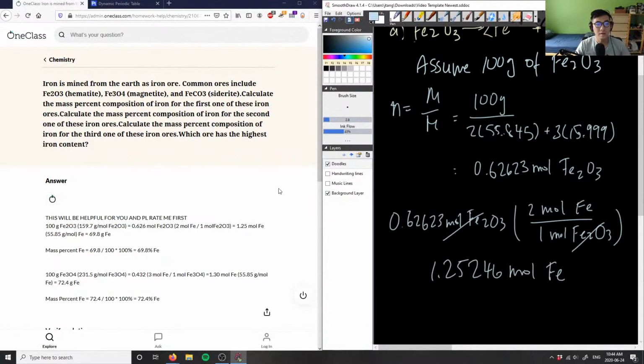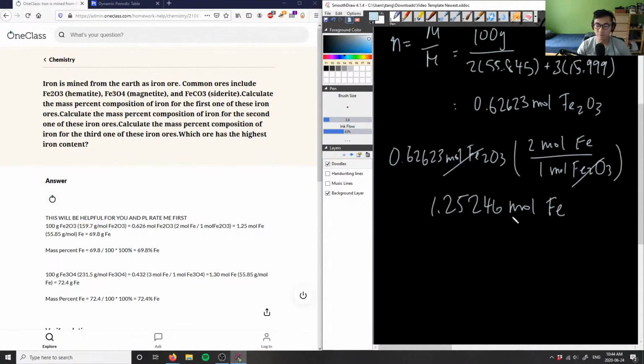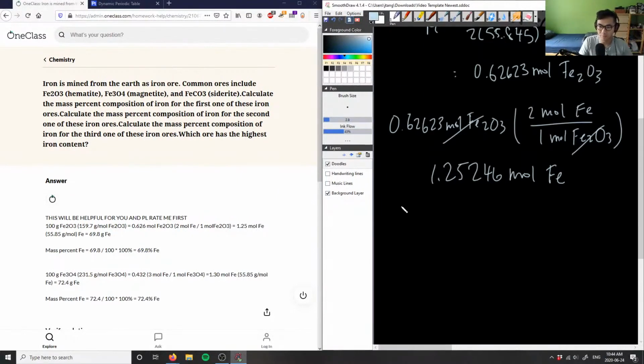Now we can convert this back into mass and then calculate the mass percentage. We have moles, and we want to go back to mass. Moles equals mass over molar mass, which means mass is equal to moles times molar mass.